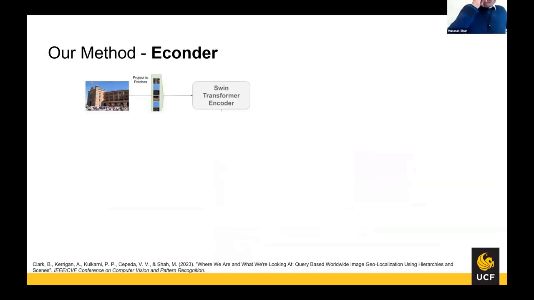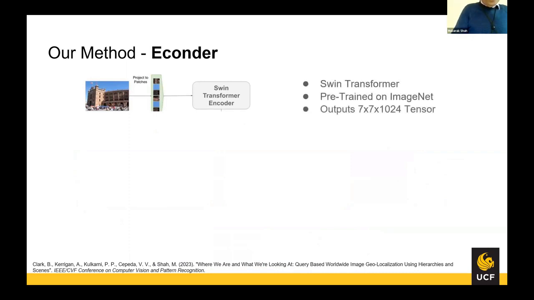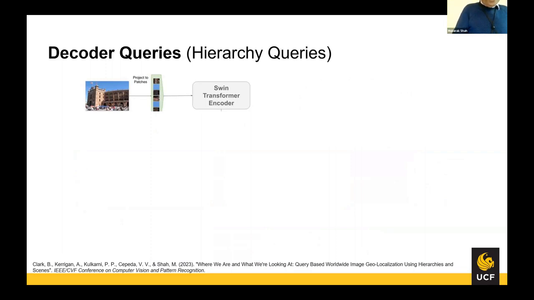Our encoder is the Swin transformer encoder. It works pretty well. It's pre-trained on ImageNet, and the output is 7 by 7 by 1024. Then these are the queries we have. We randomly initialize them, and we have these scenes, and each scene has 7 queries.